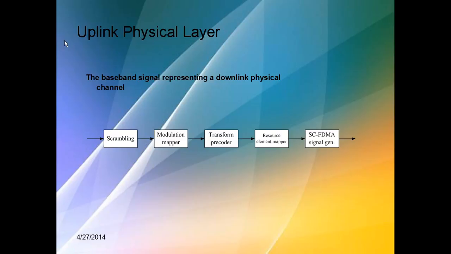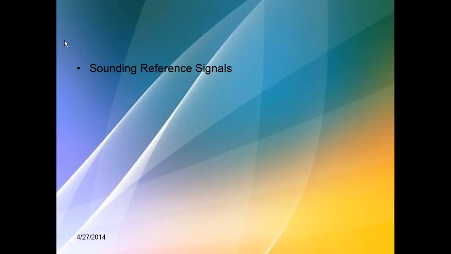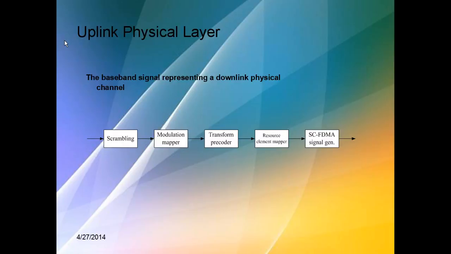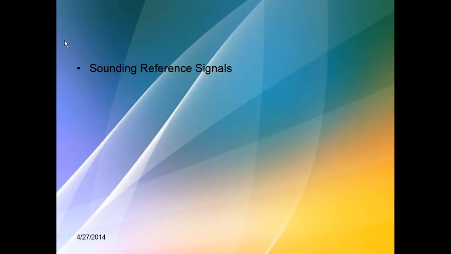The uplink physical layer is kind of simple. The uplink physical channel processing describes modulation, transform precoding, resource element mapper, and SC-FDMA signal generation. It's kind of similar to the downlink physical layer, and it also consists of two signals: reference signals and synchronization signals.